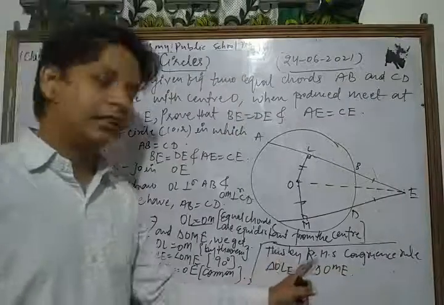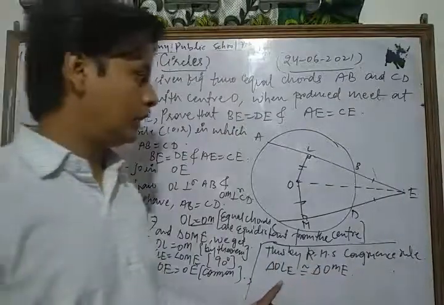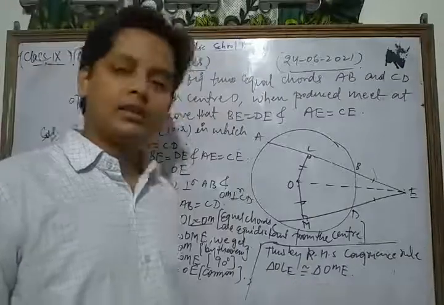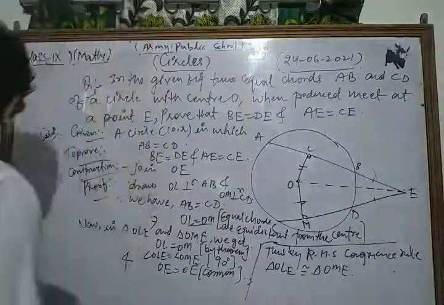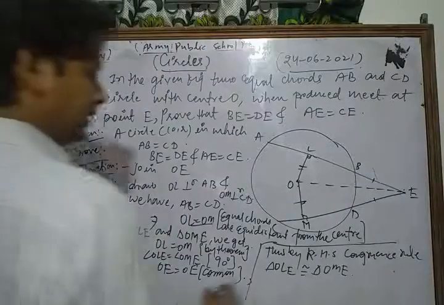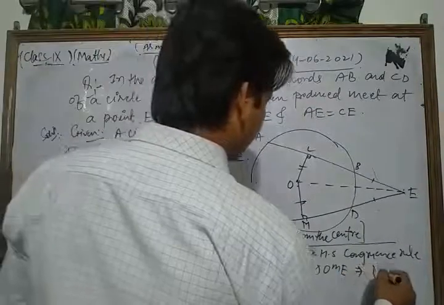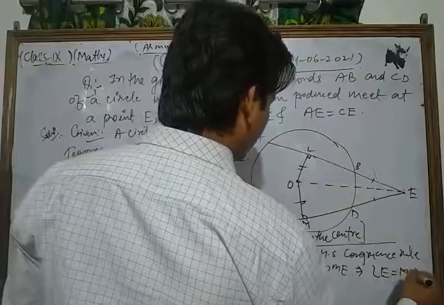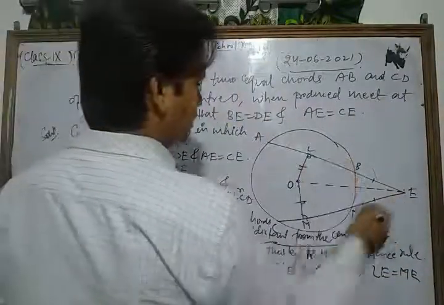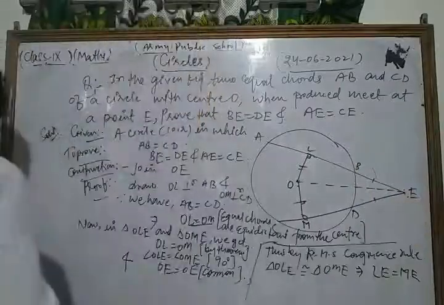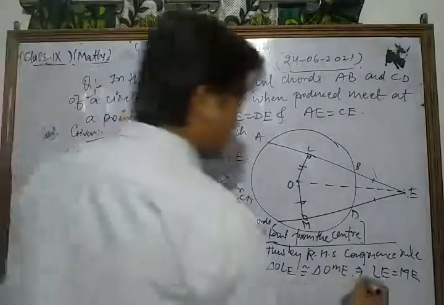Thus by CPCT, LE is equal to ME. We take this as equation number 1.